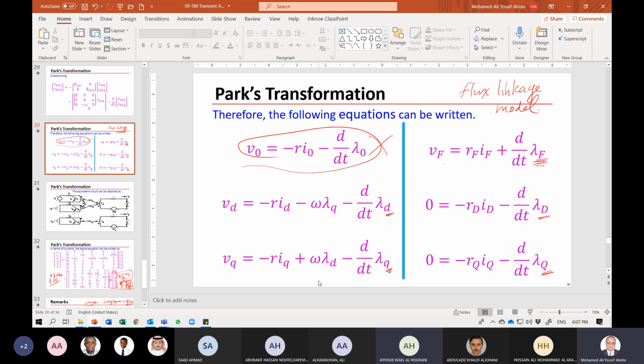Yes, the flux linkage model includes the field winding also, but we said earlier we assumed the field time constant will not change within the first or second cycle of the transient. So how does this relate with the transient and the field?